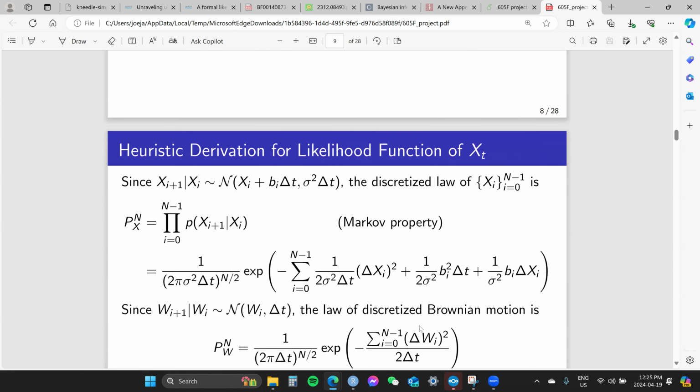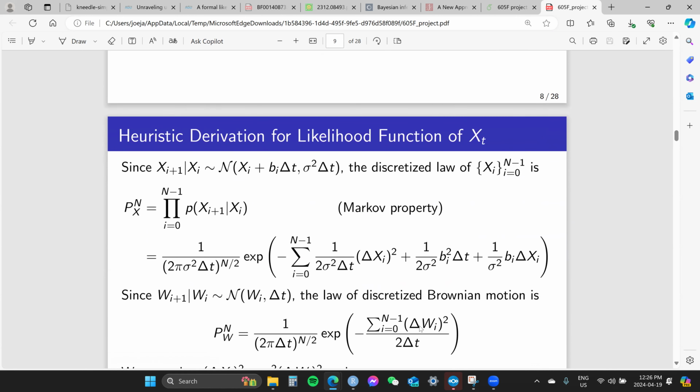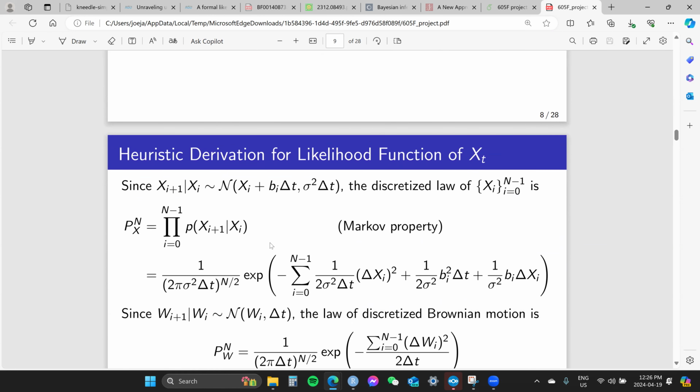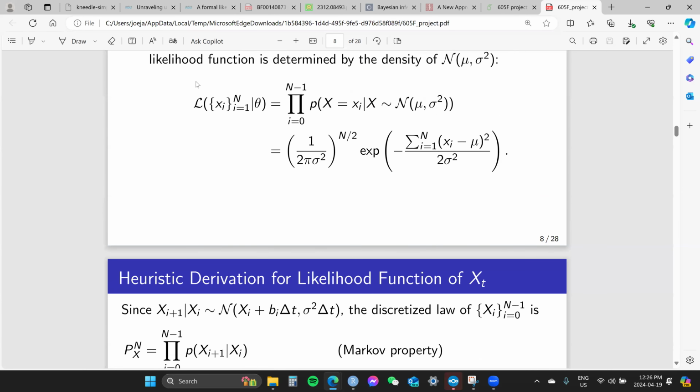But what Pavliotis' textbook does is they actually consider the Radon-Nikodym derivative of this law with respect to Brownian motion, which I think is analogous to the random variable case.